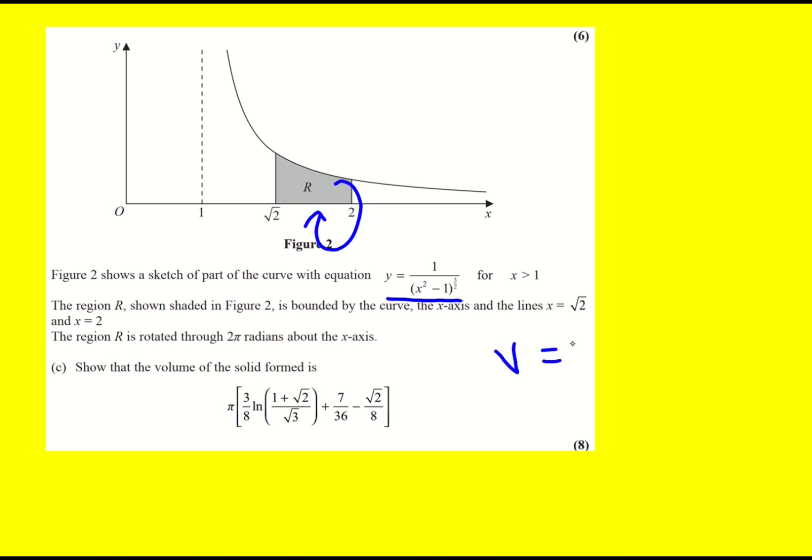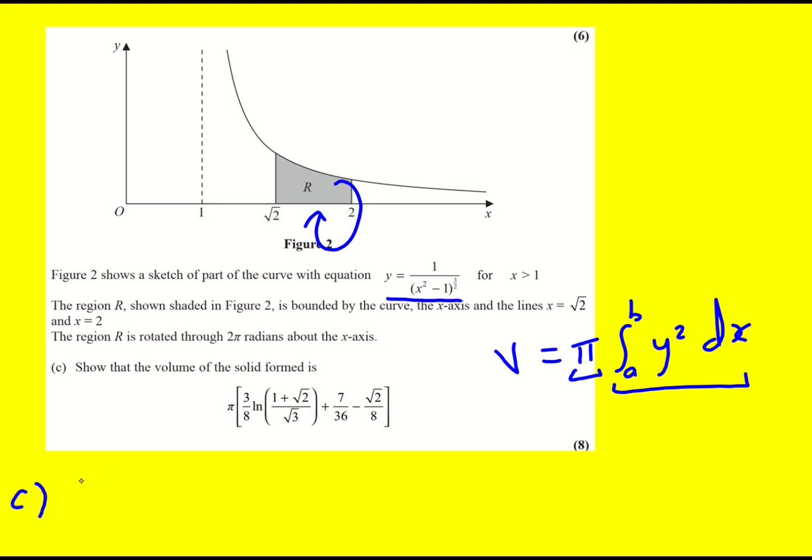So in general, we get that V is equal to pi integral from a to b of y squared with respect to x, because essentially we're adding up lots of infinitesimal cylinders, and you can take the pi out, and that will give you your volume of revolution.